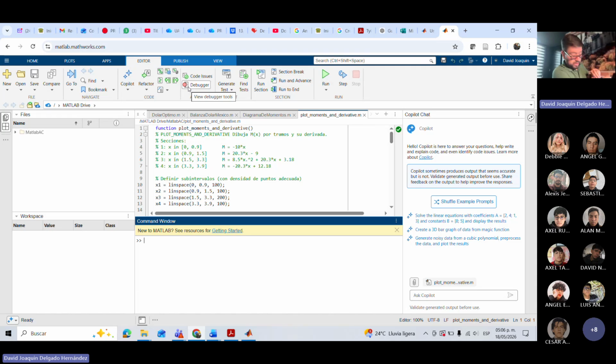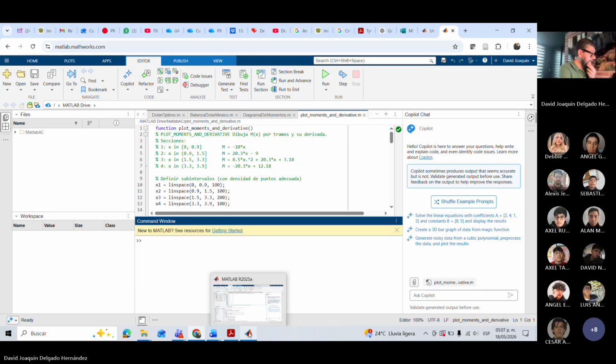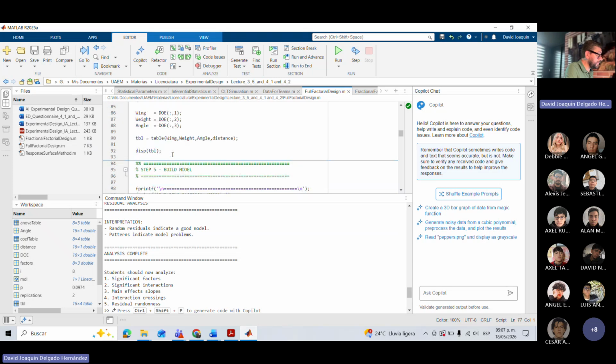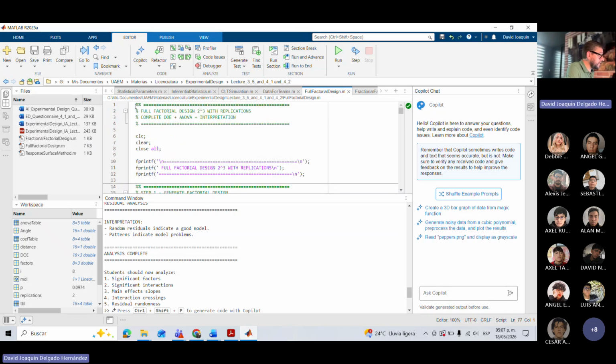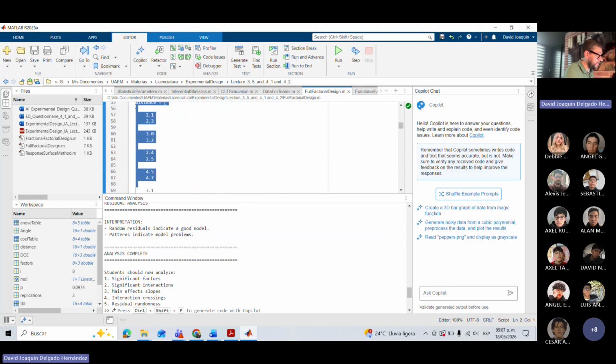Okay. So can everybody access this MATLAB online? Yes. Okay. So I am going to put the code. I am going to copy this code and put it on the chat. And you are going to paste it in the MATLAB, okay?